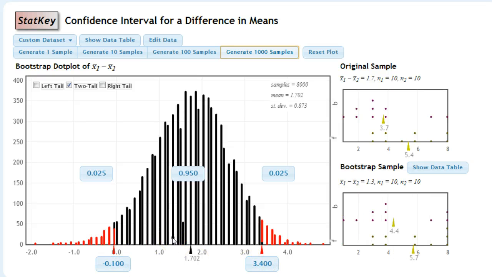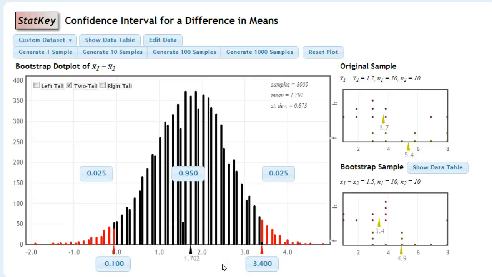The 95% interval is calculating an interval for the difference between the means of the two groups. So that means that we are 95% confident that the difference between the average makes with forehand minus the average makes with backhand is between negative 0.1 and 3.4 makes.